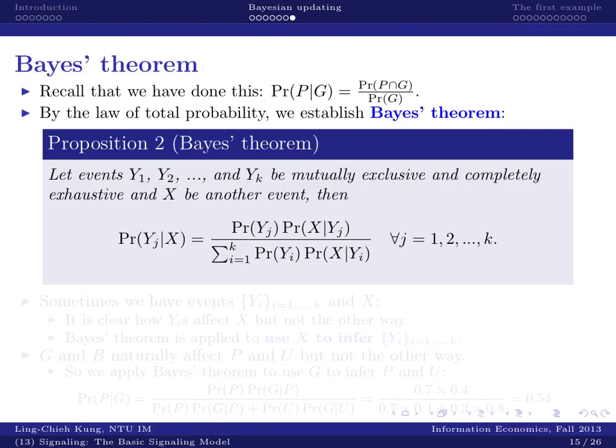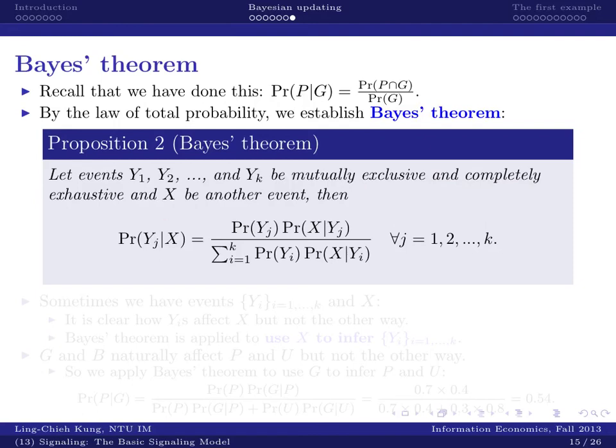Alright, so now we have done so, right? We have used this formula to update my belief. In general, with the law of total probability, we can write explicitly what the denominator is, and that's exactly Bayes' theorem. Suppose y1 up to yk are mutually exclusive and completely exhaustive, and x is another event.